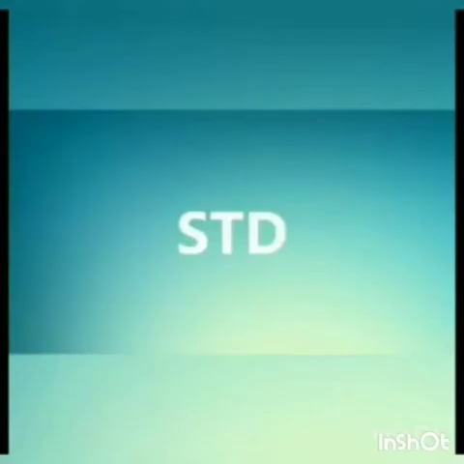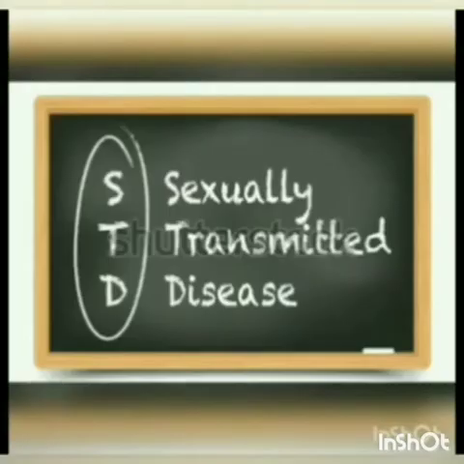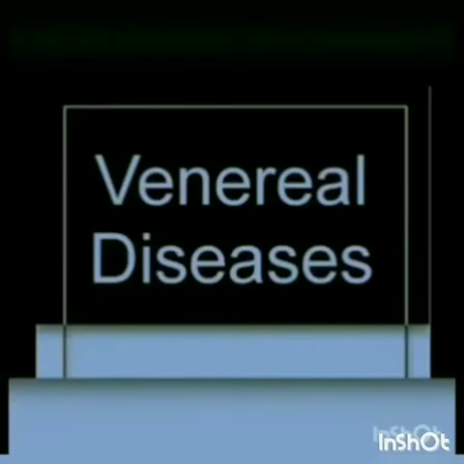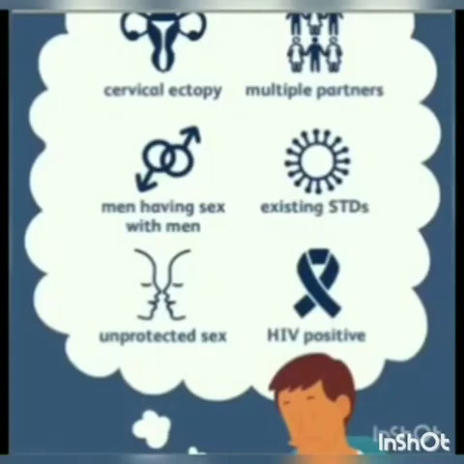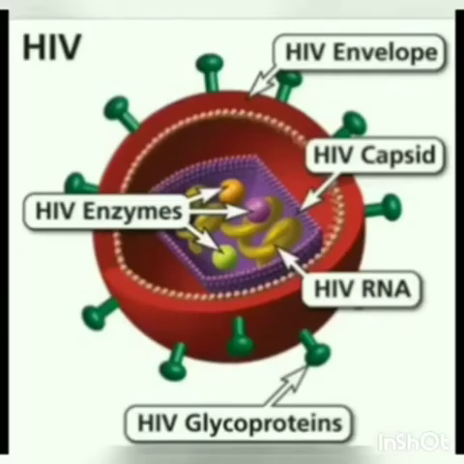What is STD? Sexually transmitted diseases. It is also called venereal diseases or reproductive tract infection, or sexually transmitted infection, STI. Normally, these STIs are transmitted from one person to another during intimate sexual contact with an infected partner.